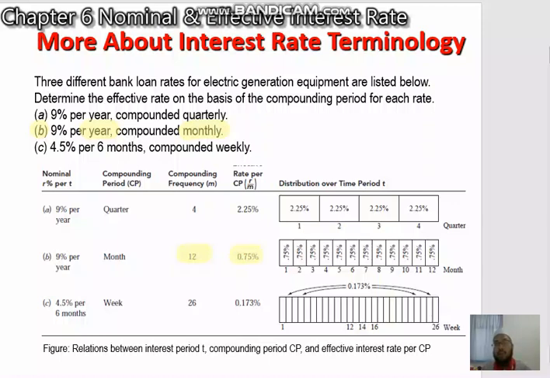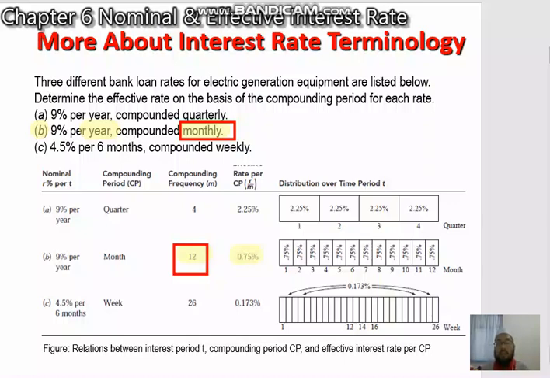We can see here the compounding frequency in the second statement, B, is 12 times because it is compounded monthly. So there are 12 compounding frequencies for a year.